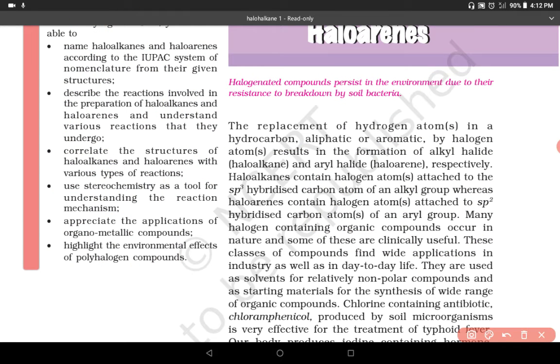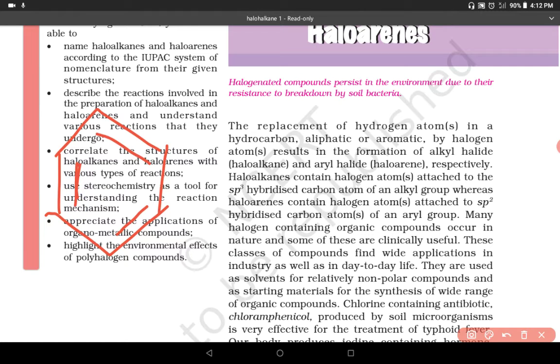Next is aliphatic or aromatic. Aromatic is a compound which is like a cyclic compound. Benzene is the best example for it. There are three rules, you can refer to them in the first PU. One of the major rules is Huckel's rule, and aromatic compounds produce a smell like a scent, so they are called aromatic.